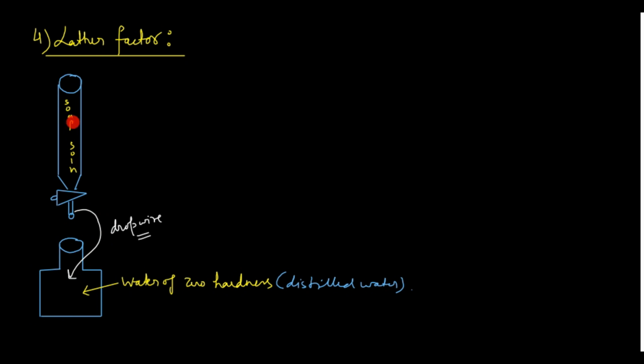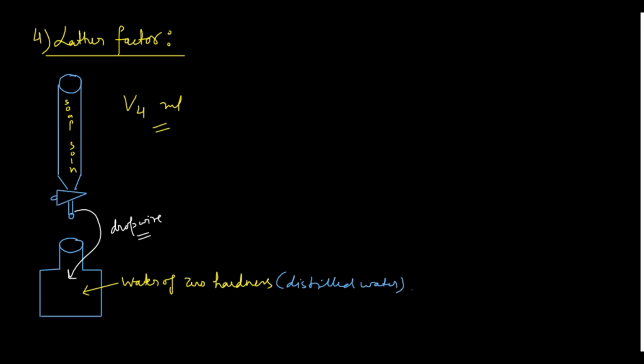Whatever volume of the soap solution is consumed in the case of the lather factor, you will note this value as V4 ml. Please remember, you will note this value as V4 ml. I already told you that this lather factor is important to minimize the error in the volume determination.